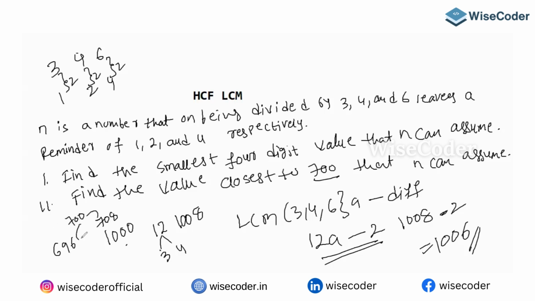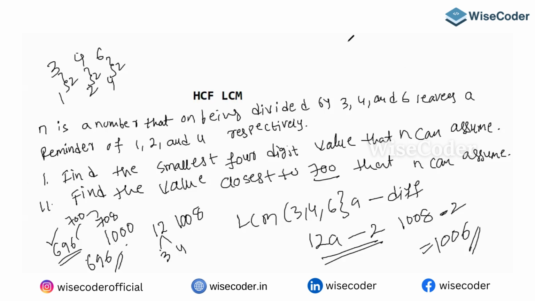The closest one is 696 only. He didn't mention after 700 or before 700. So the answer is 696.